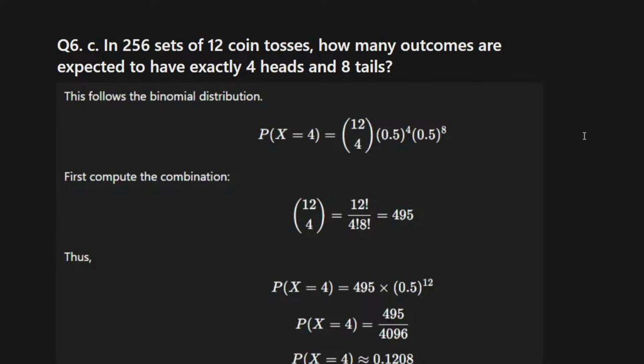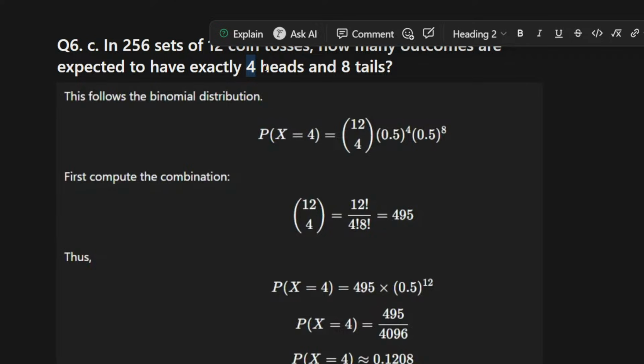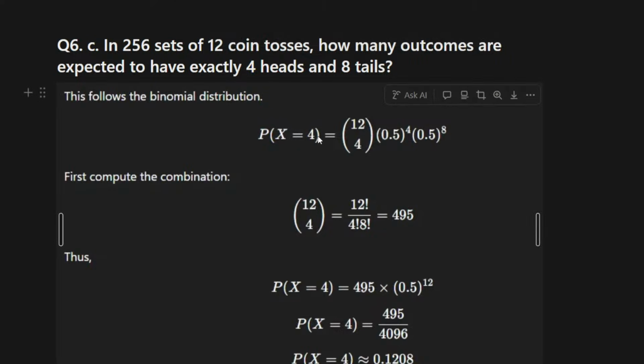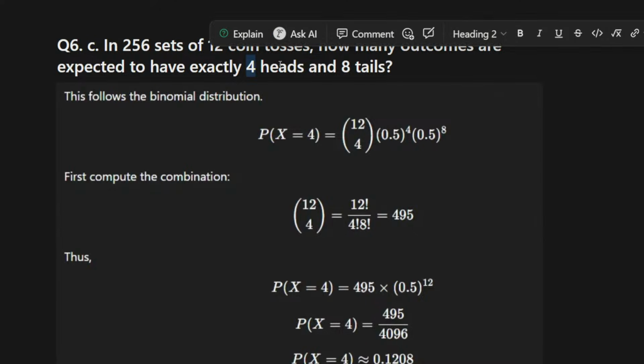Here it is either tail or head, right? So this is the formula for binomial distribution. P of x equal to 4. We are assuming x is the number of heads. So we want x equals 4, because then it automatically means there are 8 tails. It is enough if we take either heads or tails. So here I am taking heads.